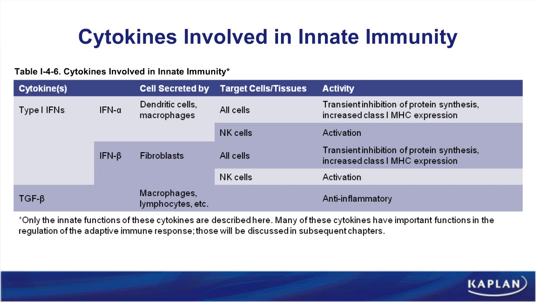It has anti-inflammatory properties, but we're going to come back to TGF-beta in one of the later chapters when we start dealing with cytokines that are important for class switching. So we teased out some of the cytokines important in innate immunity, but again, these aren't the only ones that you need to know. The bigger table is going to be in the appendix for you, so you have a summary of all of the different functions of all of the different high-yield cytokines.